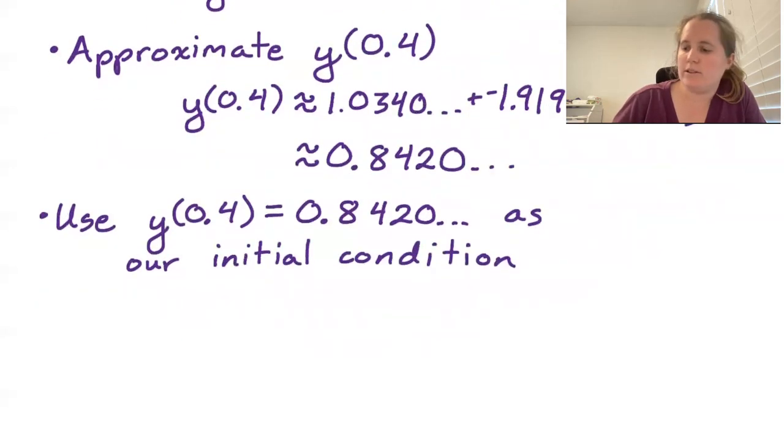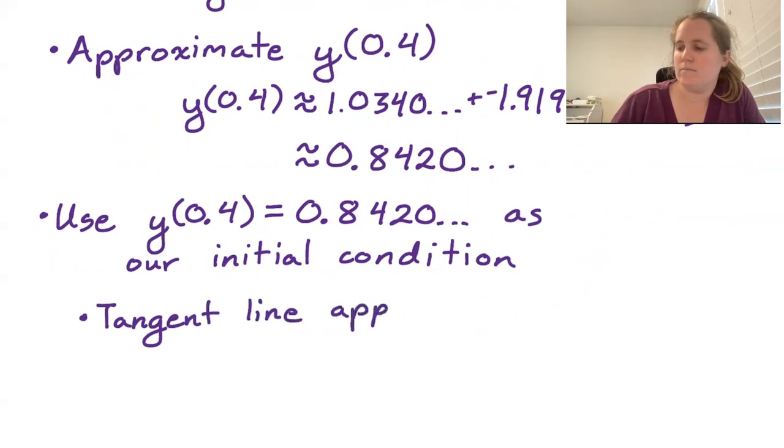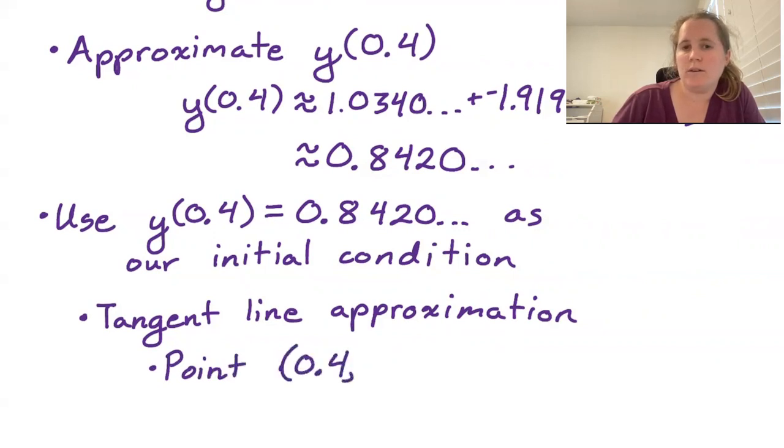We will then find our tangent line approximation. So we have a point of 0.4, 0.8420.